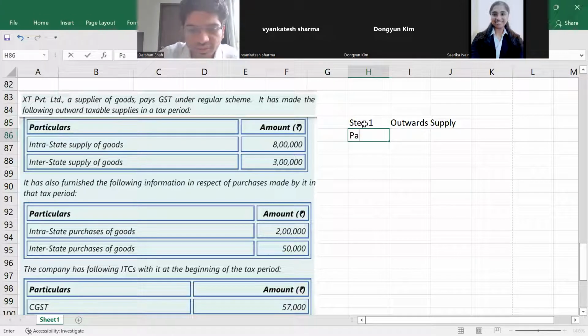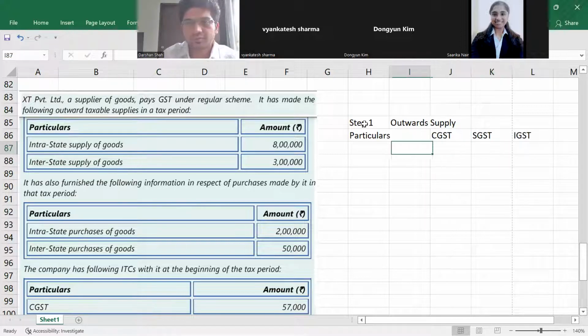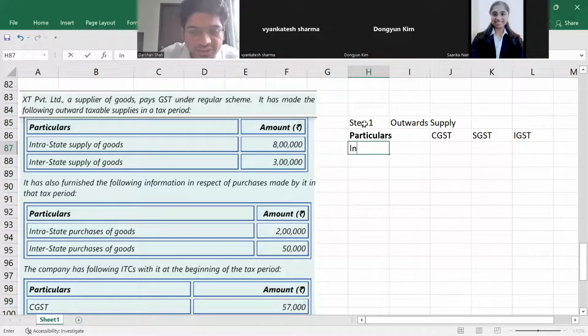Calculate my 3 figures, particulars, then CGST, SGST and IGST. Right. So first is my intrastate. If it is an intrastate, amount is 8 lakhs. And at 18%, they have said, na?